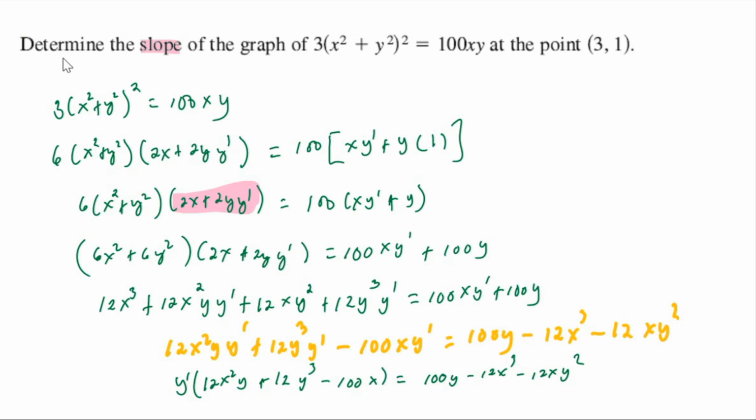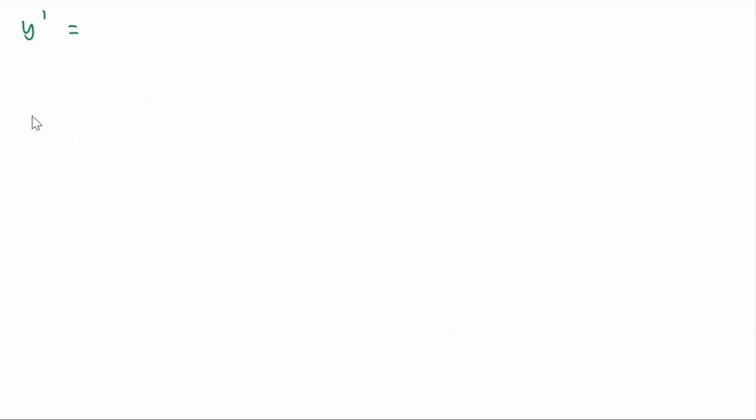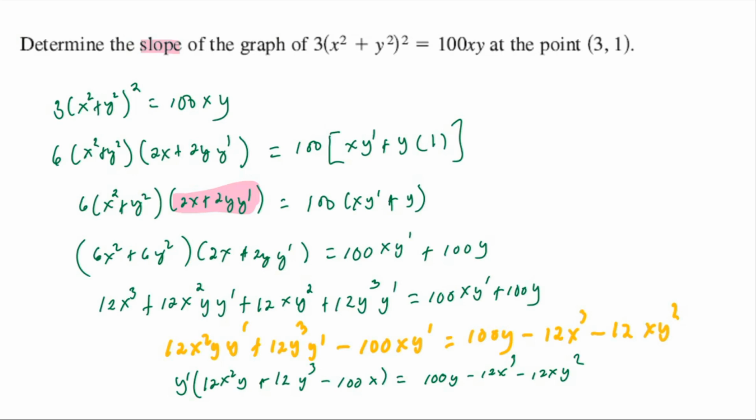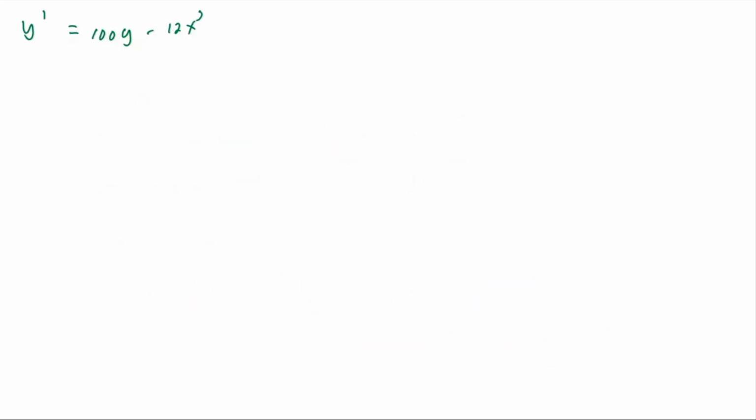So I will just write it on the other side. We have now y prime is equal to, the right hand side is 100y minus 12x cubed, and then the last term is negative 12xy squared.